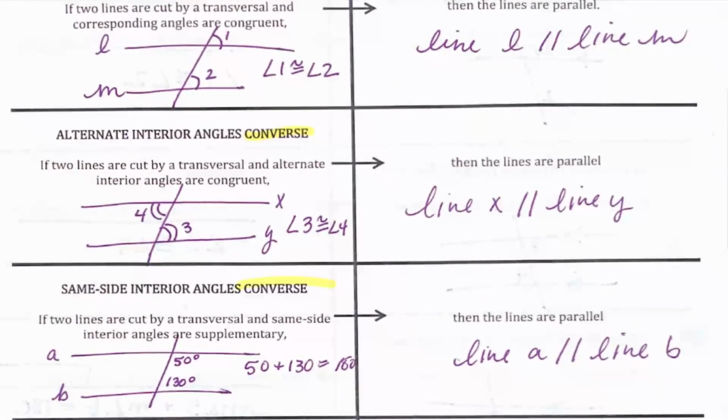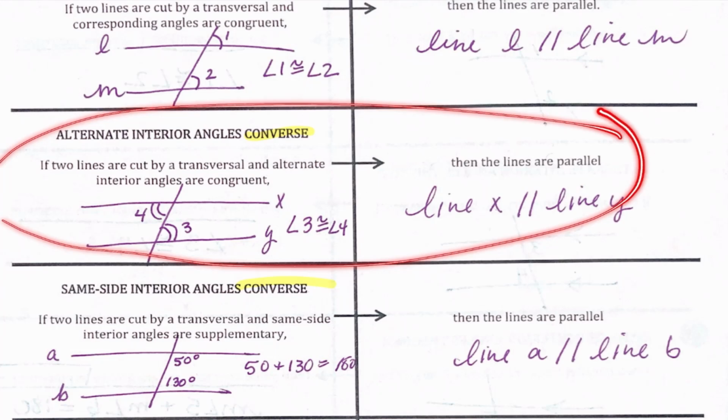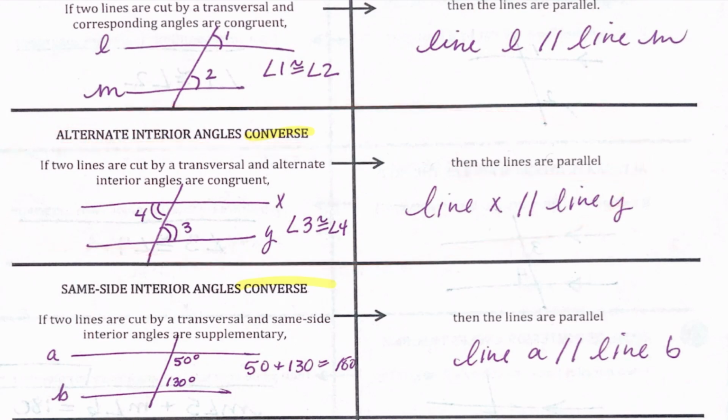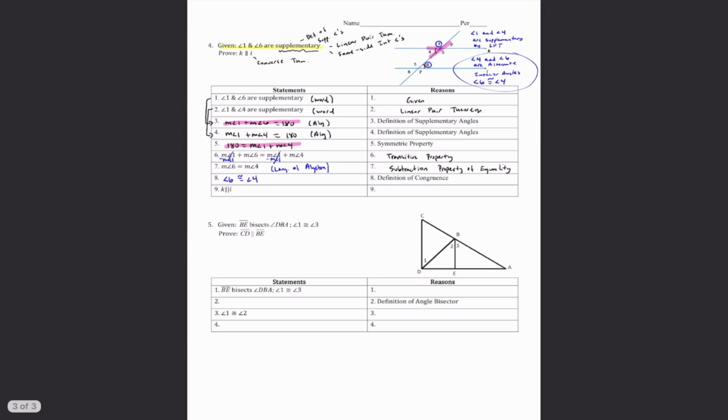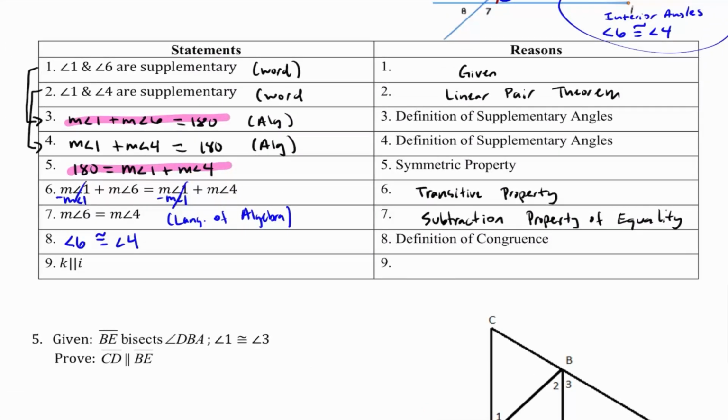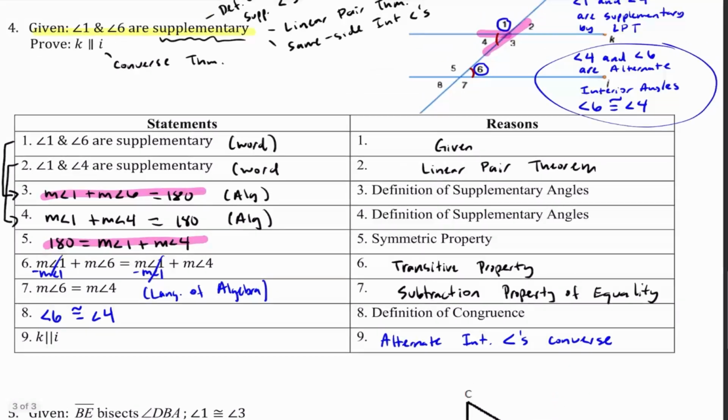We're going to be looking at our converse pink sheet. If two lines are cut by a transversal and the alternate interior angles are congruent, then by the alternate interior angles converse, the lines are parallel. So I'm going to write alternate interior angles converse. And there you go, that's number 4.